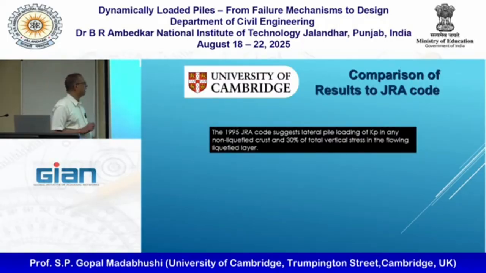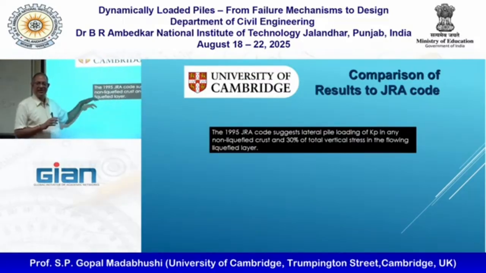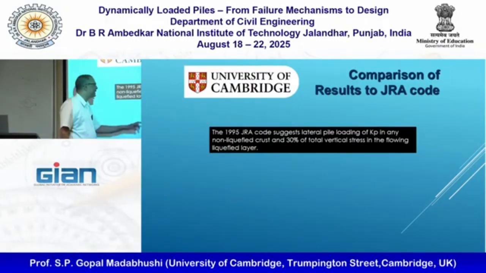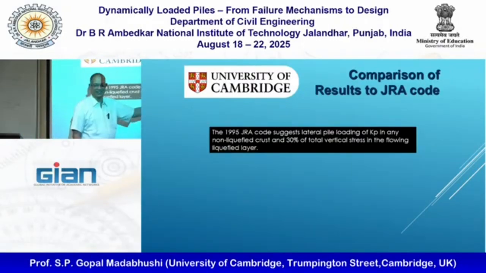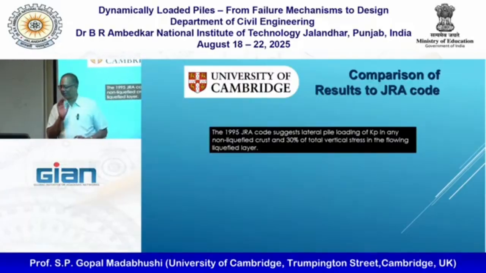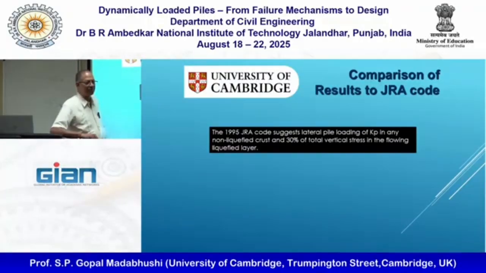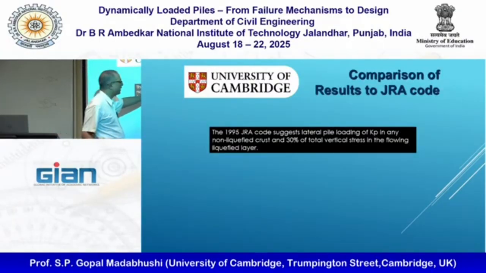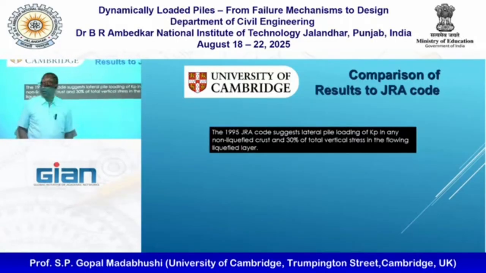They said, for any non-liquefied crust on the surface, where we started this morning, you can take 30% of total vertical stress and apply that as the lateral load onto the pile. Sorry, no, my fault. They're not that stupid. Sorry, the lateral pile loading.